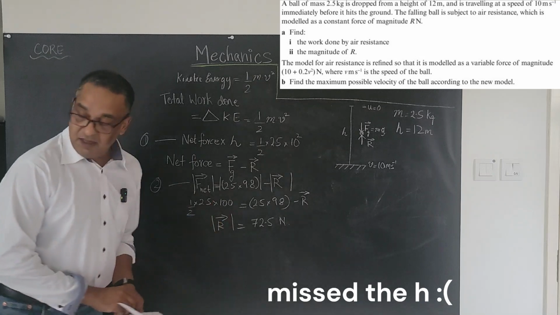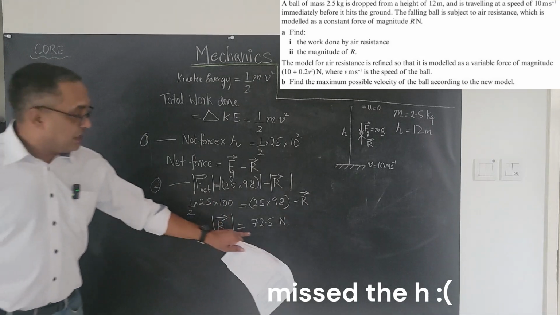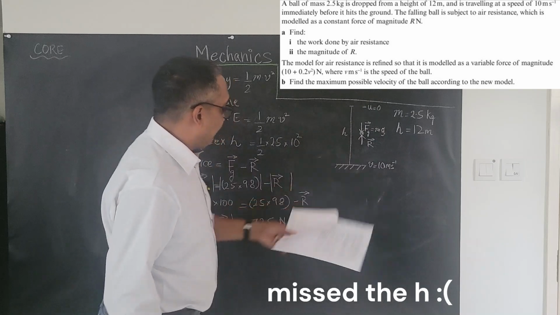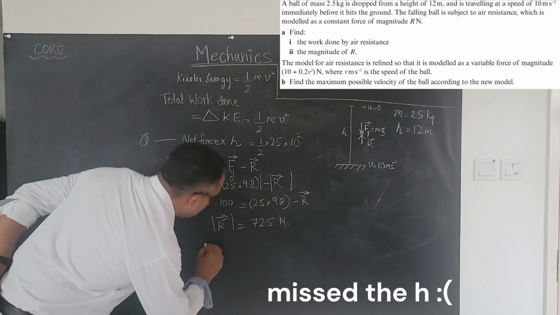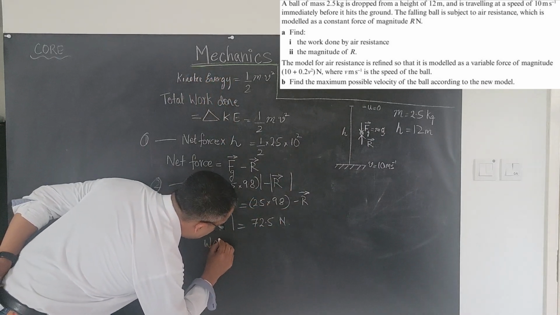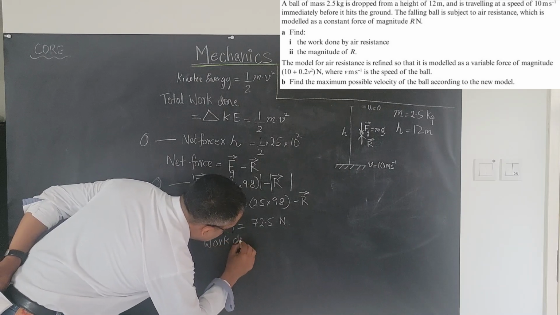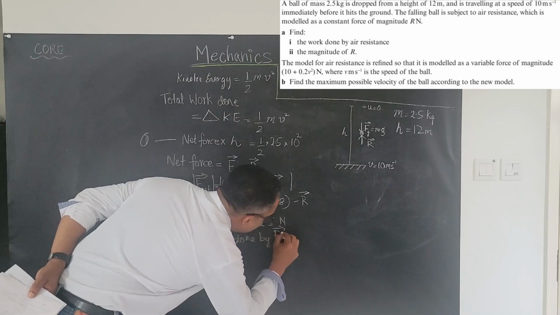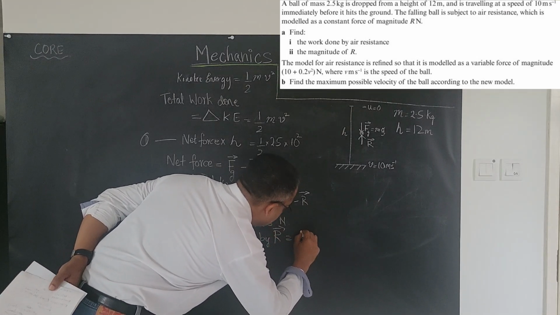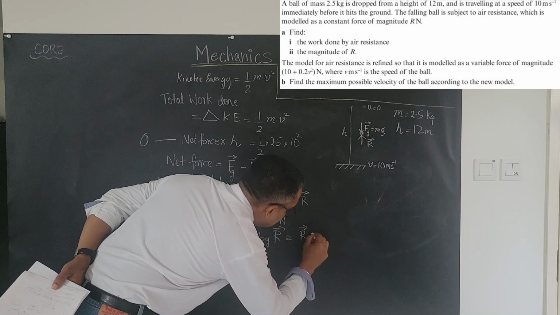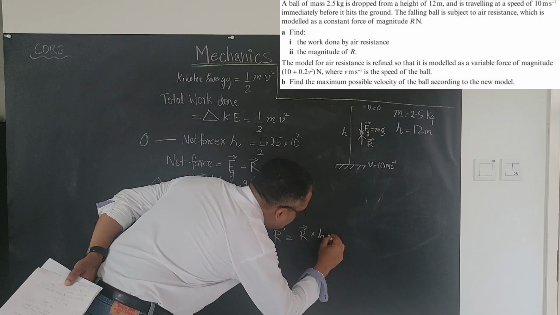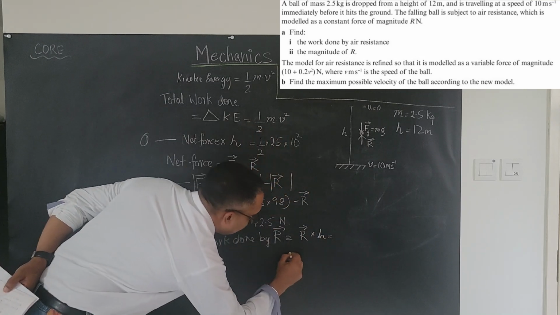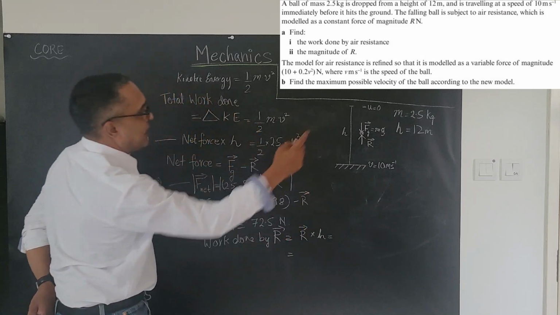I'm going to do another, and then you can take this, multiply this by 12, and say work done by R is equal to R times h, and your answer then would be that times 12.